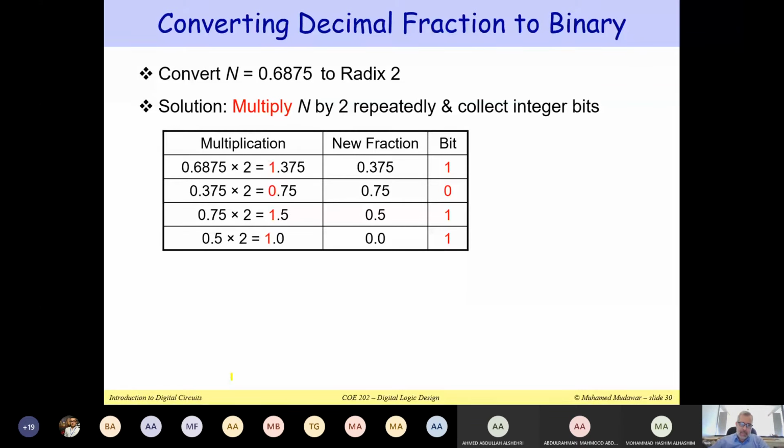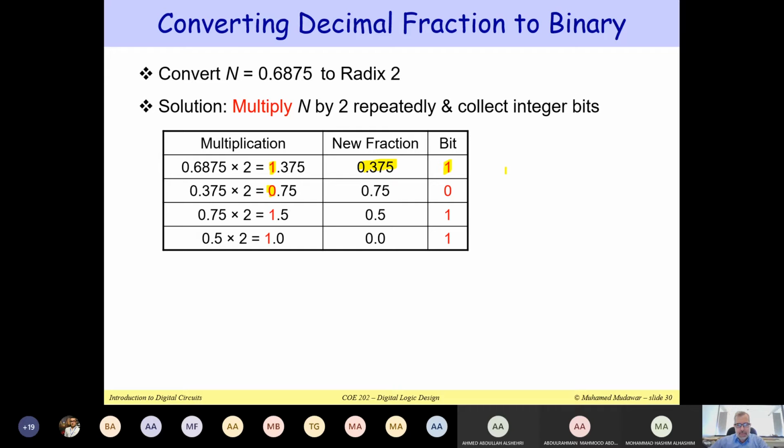So for example, when I multiply 0.6875 by 2, I get 1.375. So this one here is the first bit that appears in the fraction. That will be the first fraction bit. Now we take the new fraction, which is 0.375, and multiply it again by 2. We get 0.75.